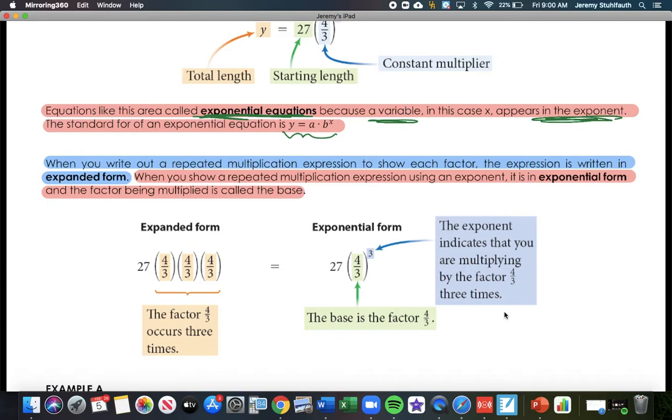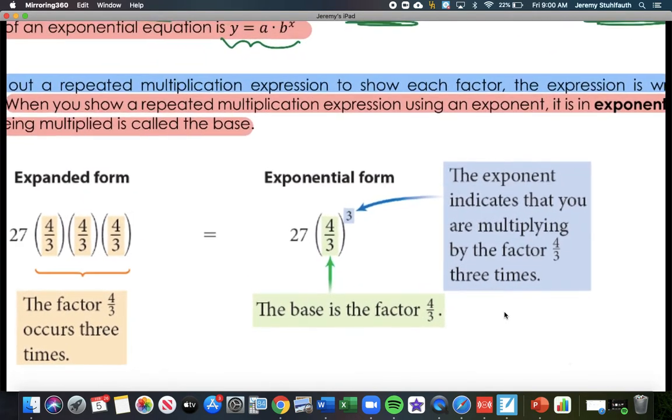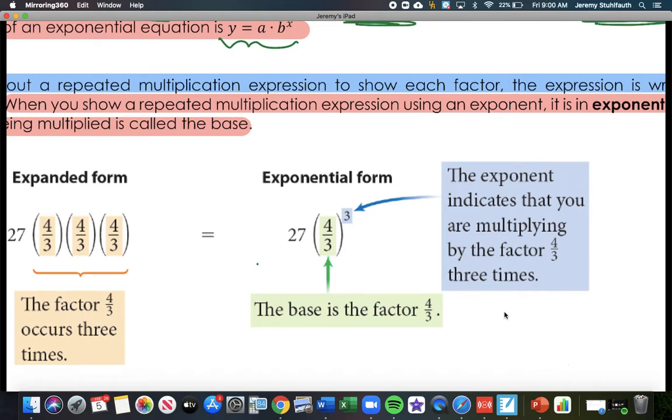So when you get your equation written in exponential form, you're going to have your starting value, and then you're going to have your constant multiplier, which is referred to as the base. The exponent represents the number of times that you're multiplying by the factor of 4/3.